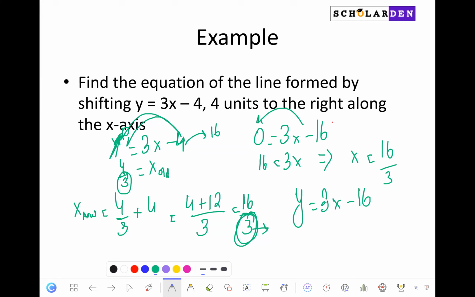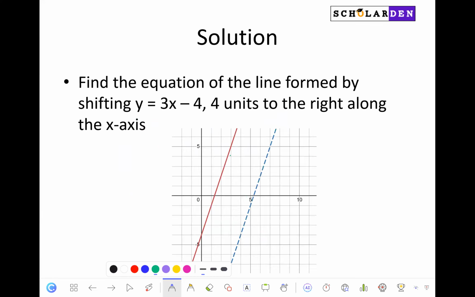I hope that is clear. And we understand from our previous lectures that whether we shift the line along the x-axis or the y-axis, both the intercepts are going to change. And this is the representation. So this is our original line, 3x minus 4, okay? And this is the shifted line, okay?